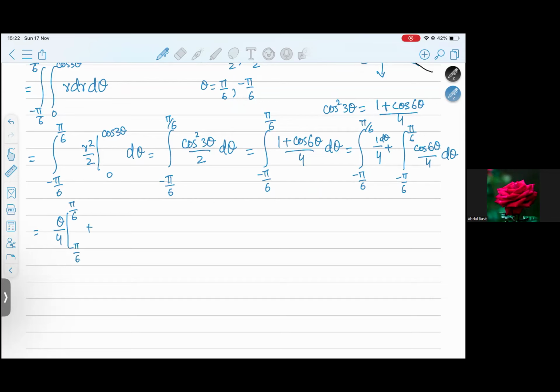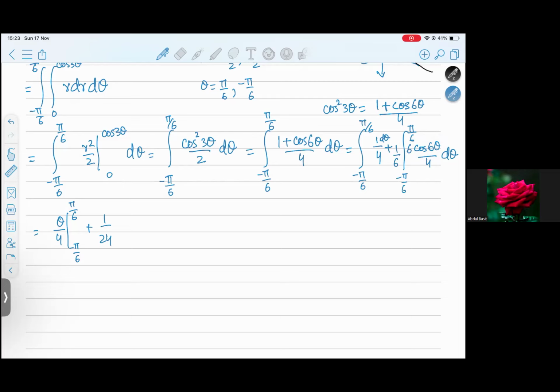Plus the integral of cos 6 theta, where the derivative of 6 theta with respect to theta is 6. So to make the 6 appear, I'm multiplying and dividing by 6. Writing 1 over 6 and the 4 outside, 6 times 4 is 24.